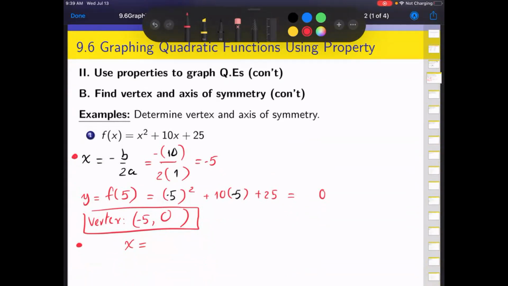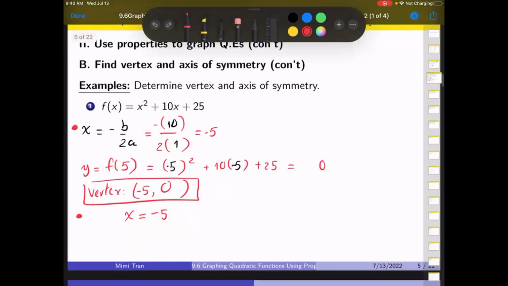Or you can just look at the one you already found. On the exam, you should say x equals -5. If you just say -5, it makes no sense, it's just a coordinate on the xy plane. You have to say x equals -5, the whole equation.